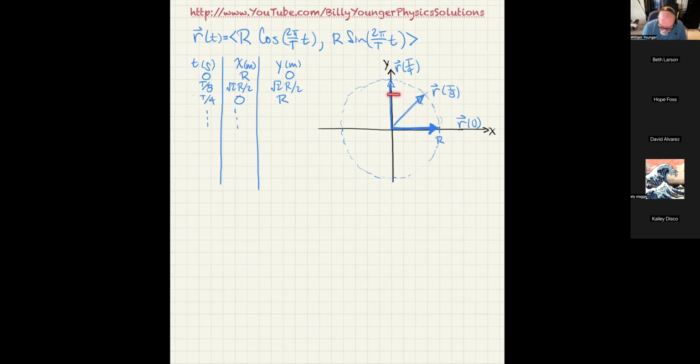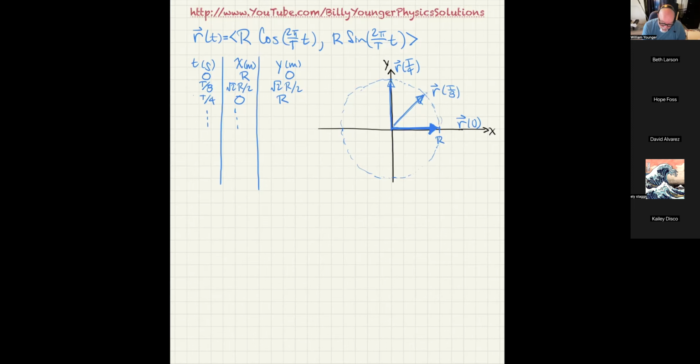So this is square root of 2 over 2 times r right here, and this is square root of 2 over 2 times r here. And then when we go to T over 4, you can see at that point, when I plug in T over 4, the cosine becomes cosine of pi over 2. And of course, the cosine of pi over 2 is 0.